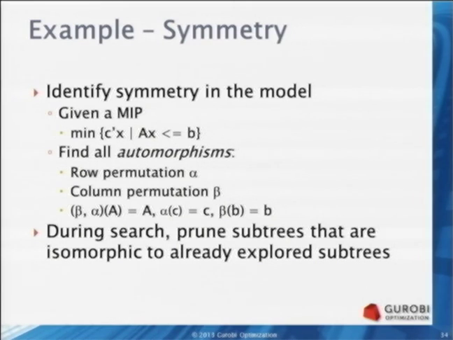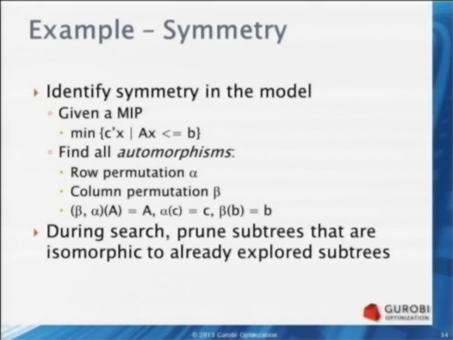So that means that every solution that is derived from that node, that you find in the subtree rooted at that node, is going to be isomorphic to a solution that would be found by exploring the other node. And so there's actually no reason to explore both of these subtrees. You can just explore one of the subtrees, and you can find all the solutions in the other subtree just by applying permutations to the solutions you found in the original subtree.